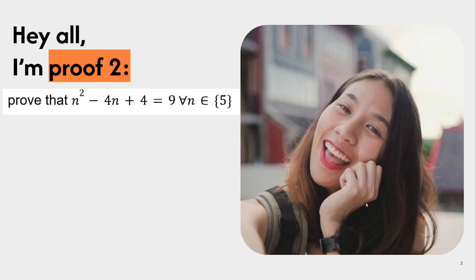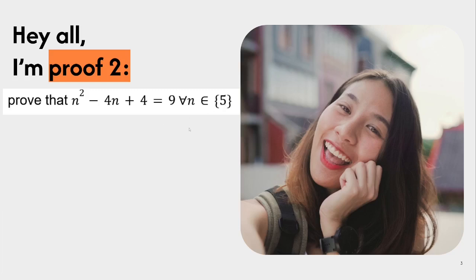Okay, next up, we got proof 2, and this proof is basically asking to prove that n squared minus 4n plus 4 equals 9 for any and all numbers n in the set 5.